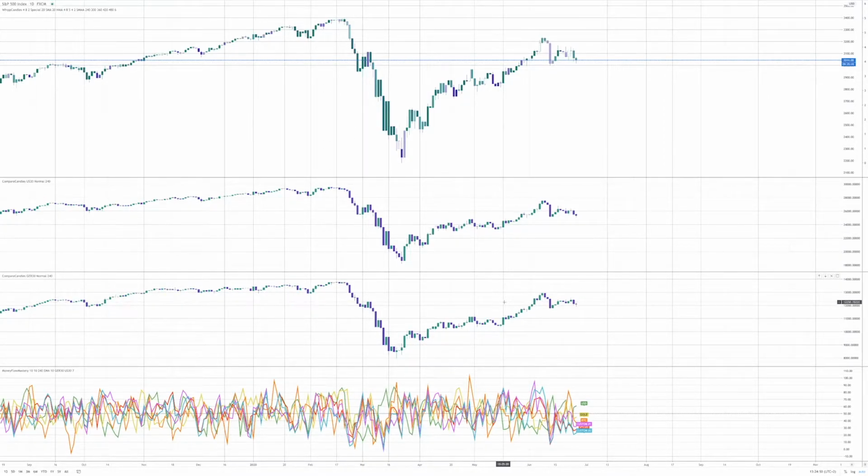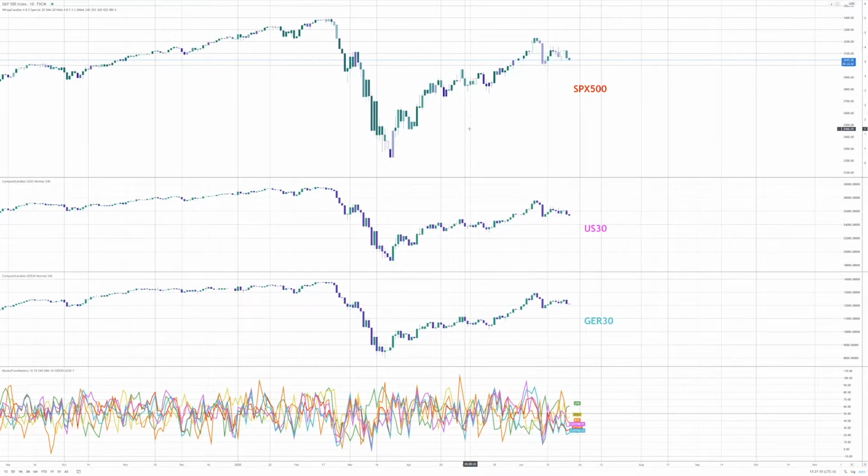Let me just label these charts to make things easier for you to see. I've labeled these SPX 500, US 30, and the GER 30. These are still currently on 4 hours, so we'll change those to D, and we'll change that to D.